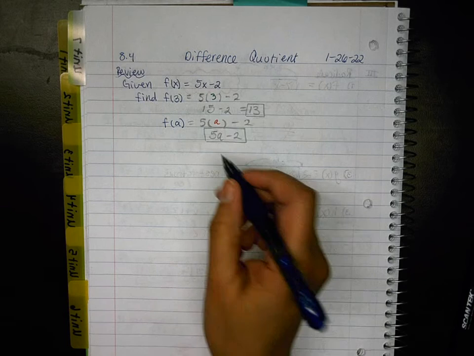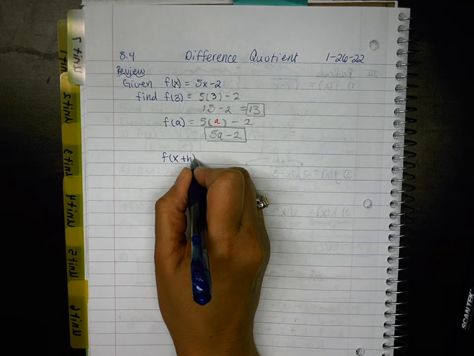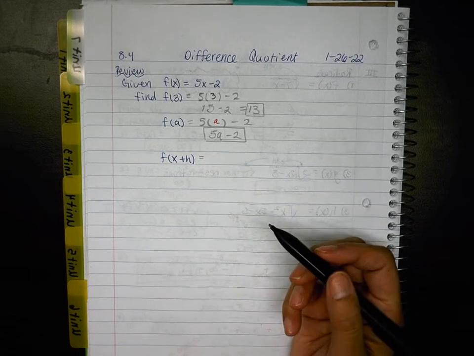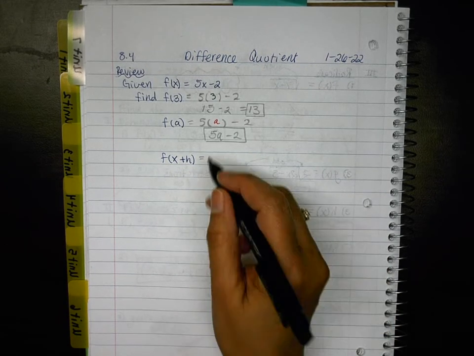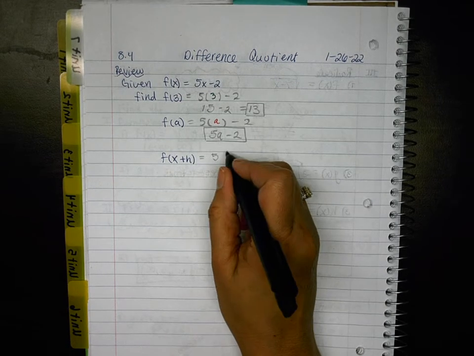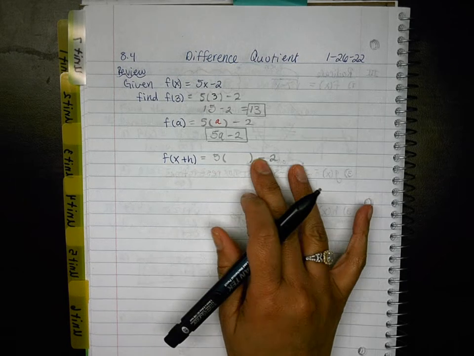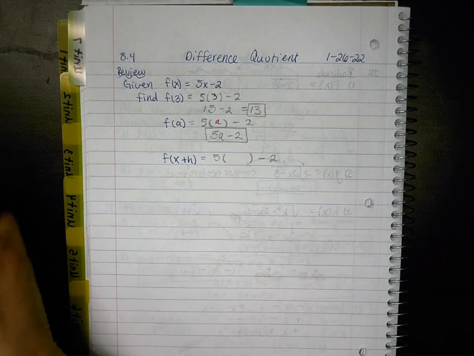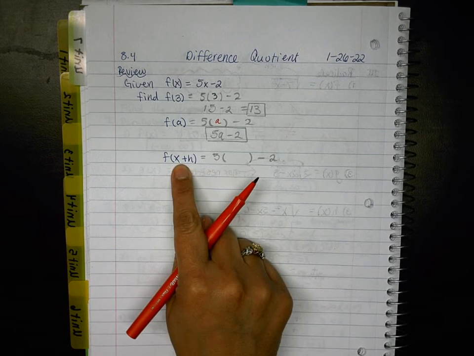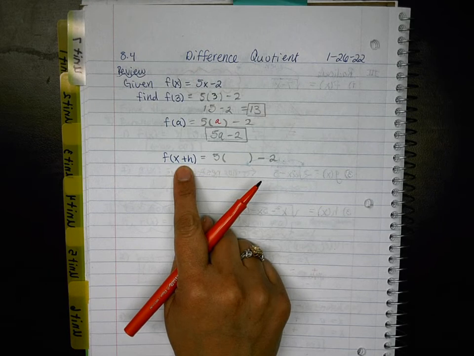Okay, next one, f of x plus h. And again, I don't care how easy it is, I want you to get used to doing what I call the skeleton form. This 5 blank minus 2. What goes in the blank? Good. Harris, what goes in the blank?